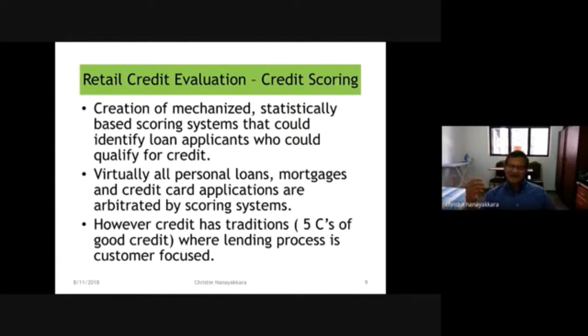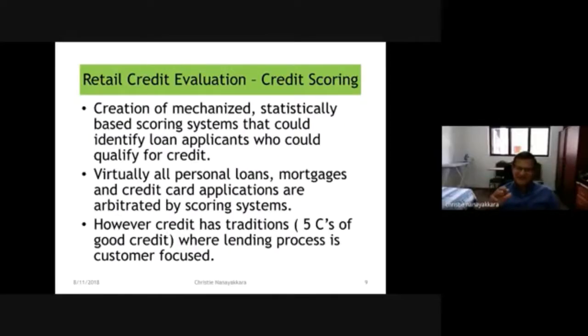But in those days, bankers followed another very traditional method called the 5 C's of good credit. And traditional banks still think that when you are giving retail credit, apart from credit scoring, use the 5 C's in evaluating it.